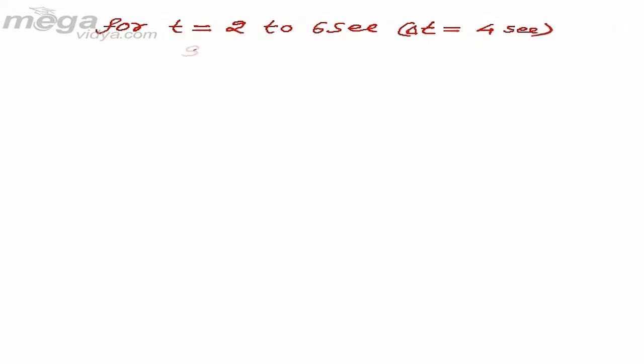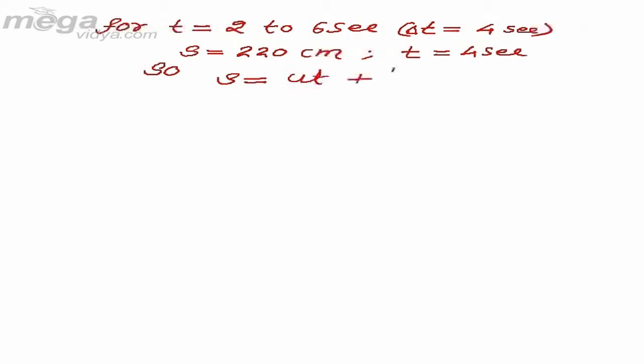Here s is given to us to be 220 centimeter, and time is 4 seconds. So using the second equation of kinematics, s equal to ut plus half at square, we can write 220 equal to 4 times u, because the time taken by the particle to travel this distance is 4 seconds.